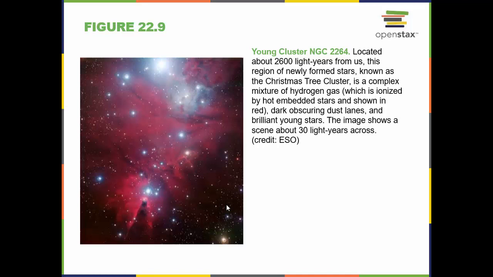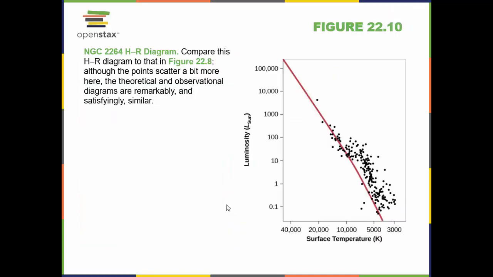And it's a complex mixture of hydrogen gas, which is ionized by the hot embedded stars shown in red, the dark obscuring dust lanes, and the brilliant young stars. And this image shows the scene about 30 light years across.